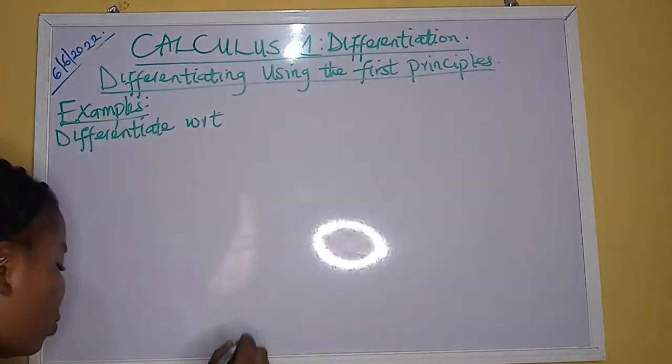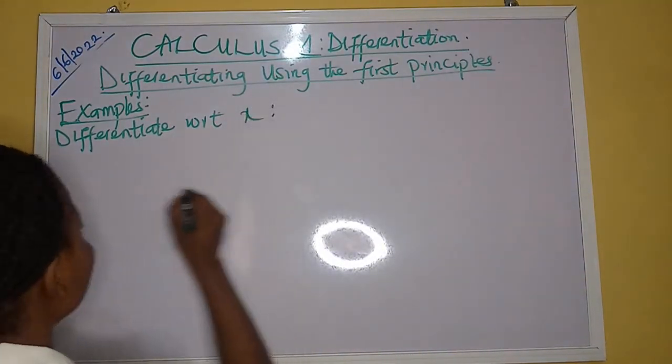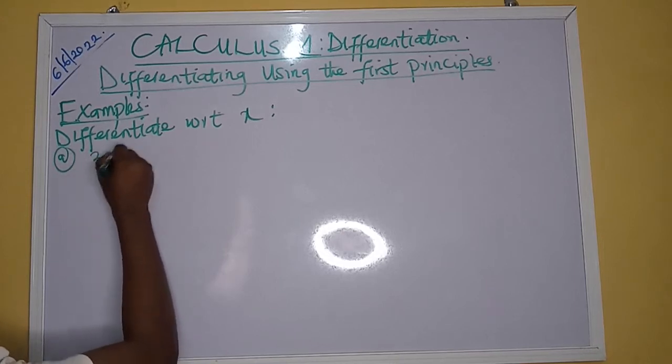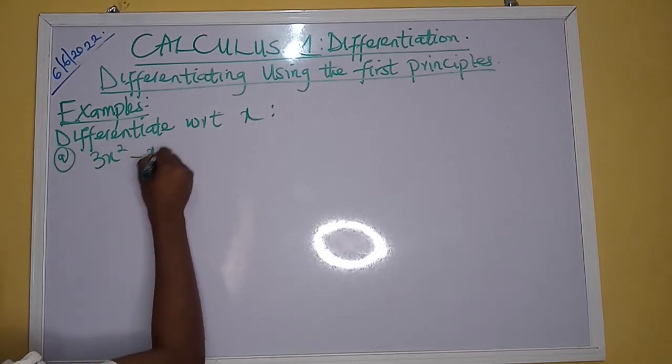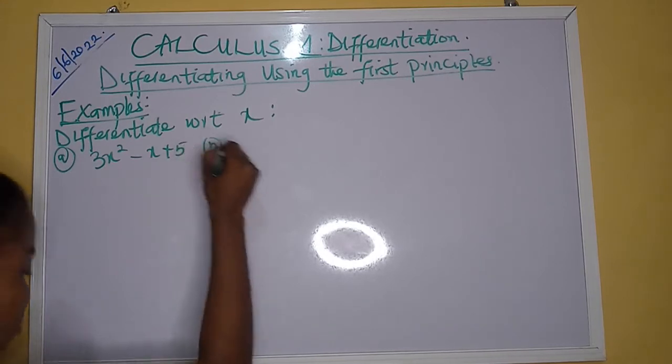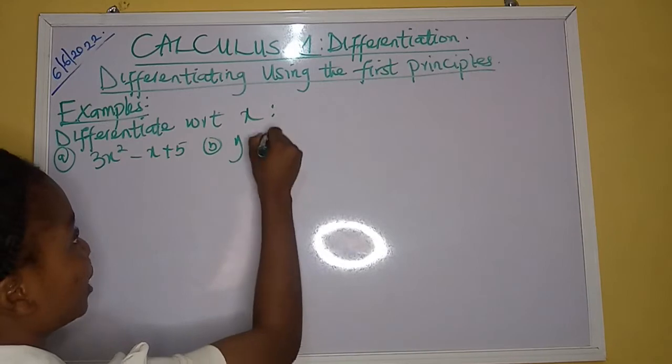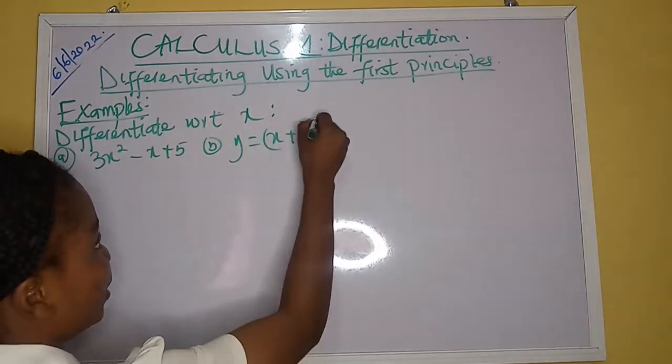So with respect to x, let's differentiate the following. We have 3x squared minus x plus 5. We also have y is equal to x plus 1 squared.